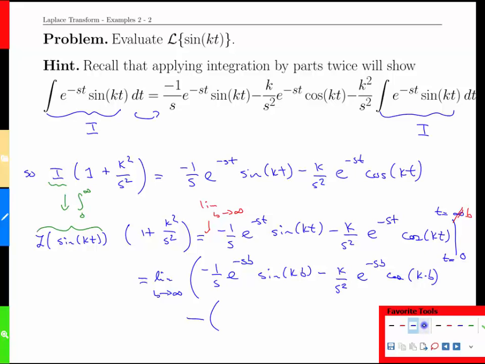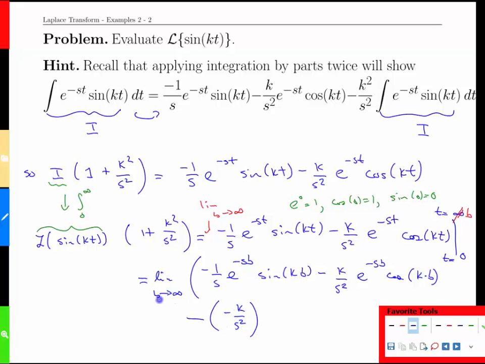Now here we just use our rules of thumb. E to the 0 is 1, cos of 0 is 1, and sine of 0 is 0. So when we take this 0 value and put it into the sine term, we're going to get nothing. When we take this 0 value and put it into this expression, we're going to get negative k over s squared times 1, which we can leave as simply negative k over s squared.